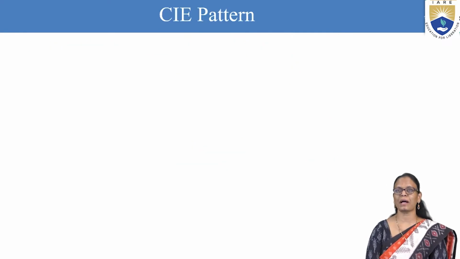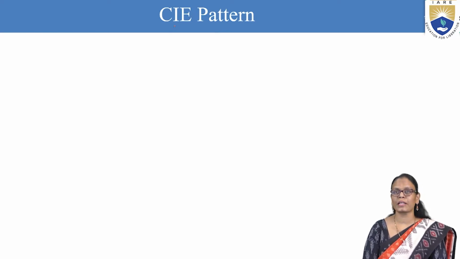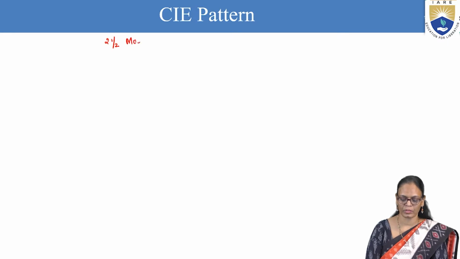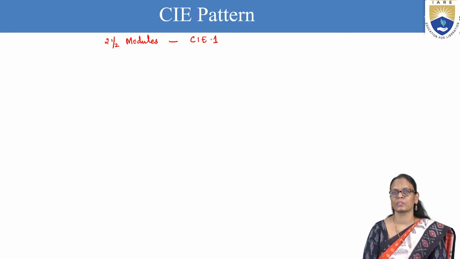The CIE pattern is you will be writing an exam for 20 marks in the first 2.5 modules. First 2.5 modules you will have for CIE 1.